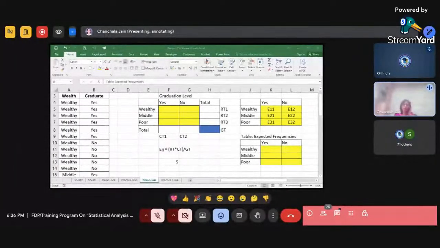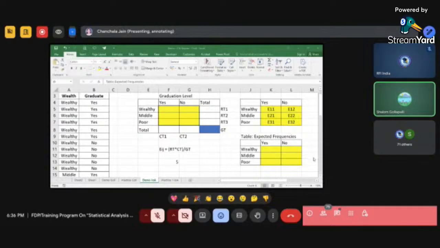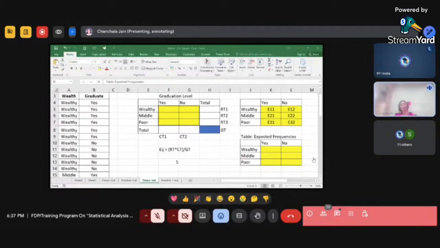I haven't talked about ANOVA right now. My question is, before doing the ANOVA test, is this chi-square test necessary, or is there no linkage between these two? There is no linkage. In ANOVA, the concept is different. In the chi-square test, the concept is different.